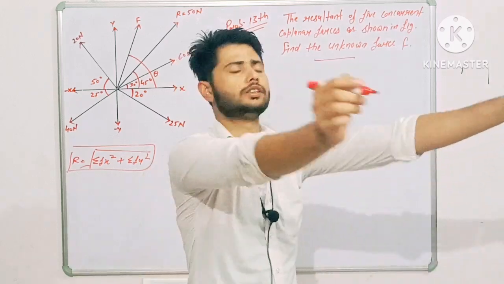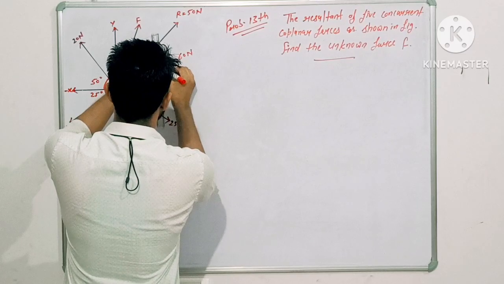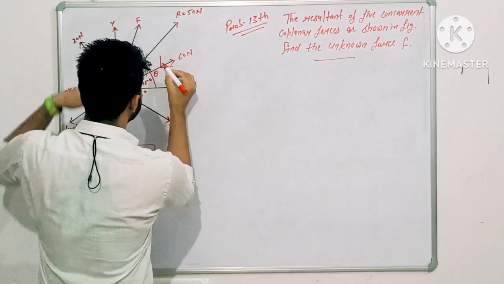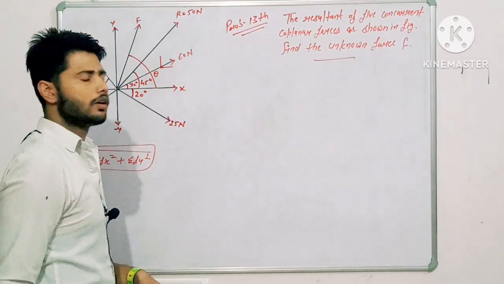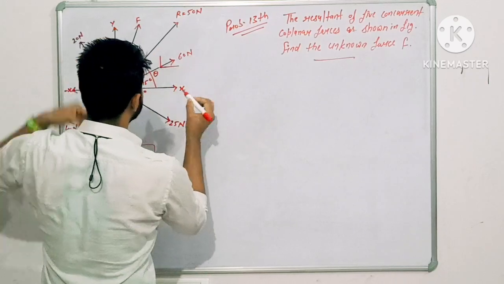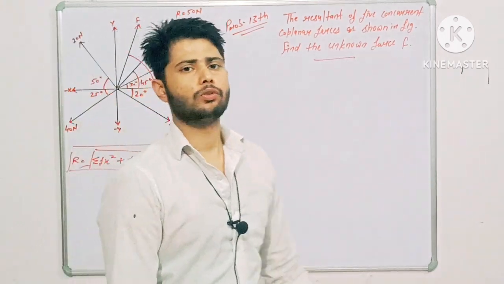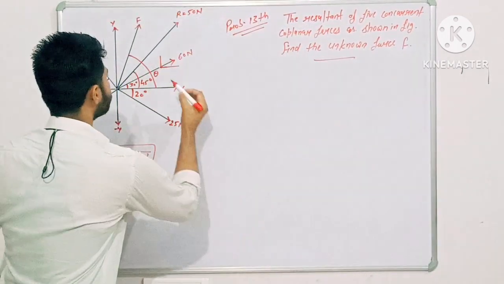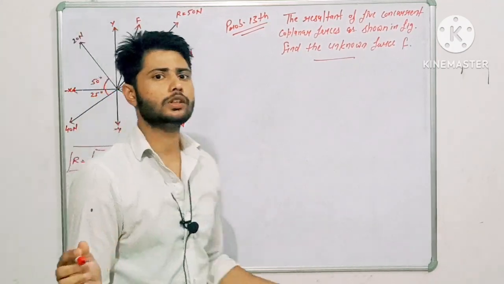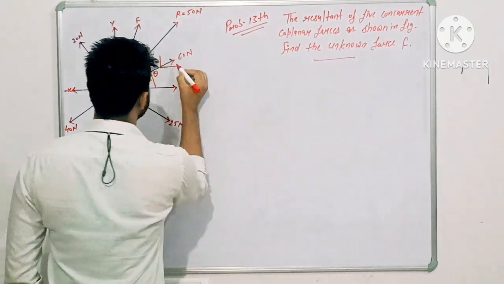I am resolving these one by one. Make a parallel axis with respect to y and a parallel axis with respect to x. Take a point before an arrow. This 60 Newton force is going away from the point. Watch carefully. The direction of both the forces, horizontal force and vertical force, must be away from the point.